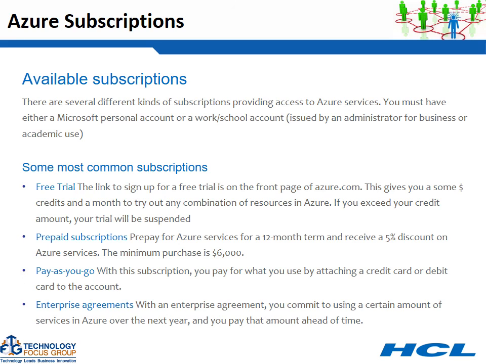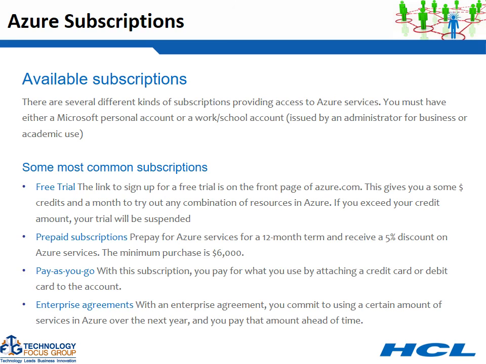To use this free trial, you will have to go to the Azure website and sign up for a free trial option. This will give you some dollar credits and a month to try out any combination of resources in Azure. If you exceed your credit amount, your trial will be suspended. As it says, this is totally free, so you can go and try this out.